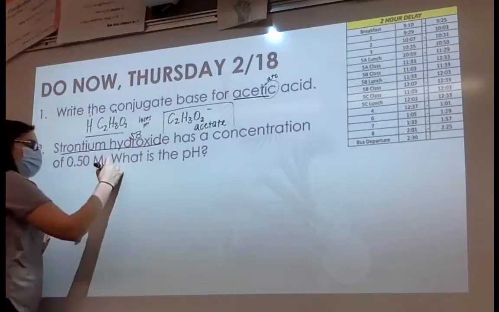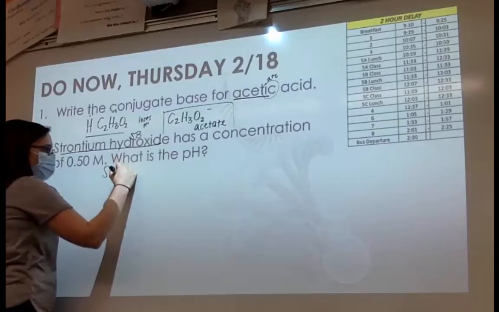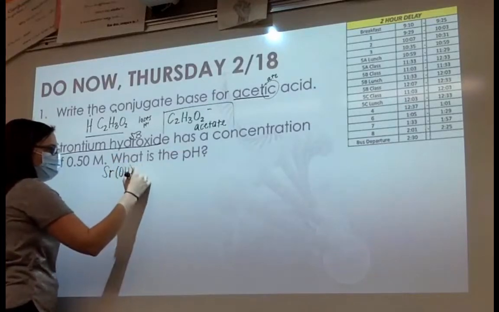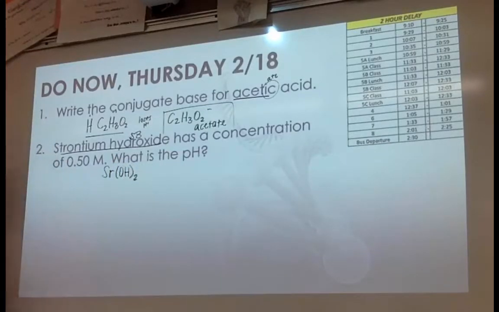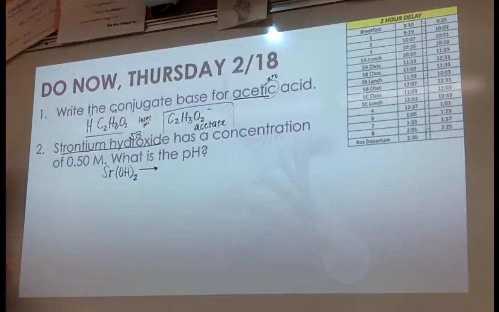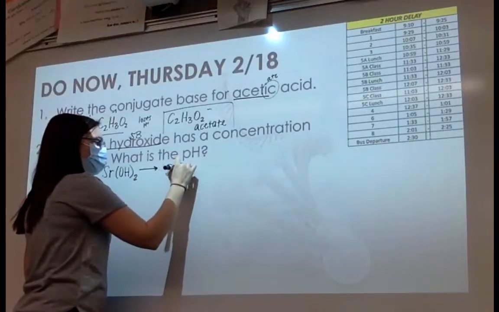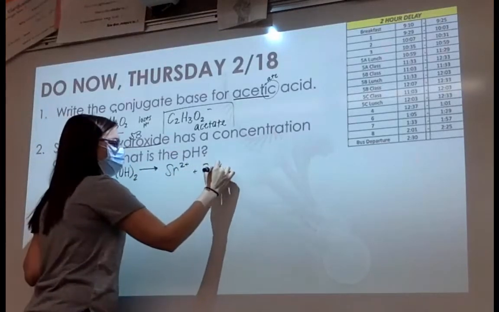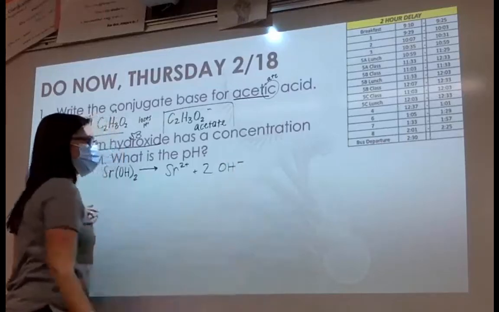What that means is that strontium hydroxide is Sr2+ and OH minus, so the formula is Sr(OH)2. Because it's a strong base, it's a strong electrolyte, and it completely dissociates into Sr2+ and 2OH minus.